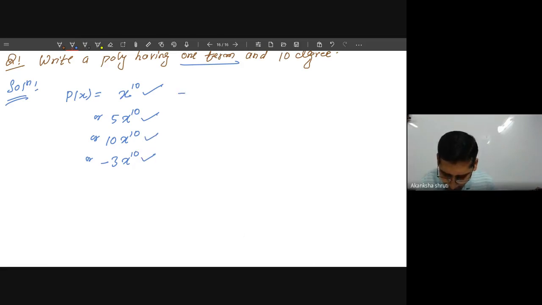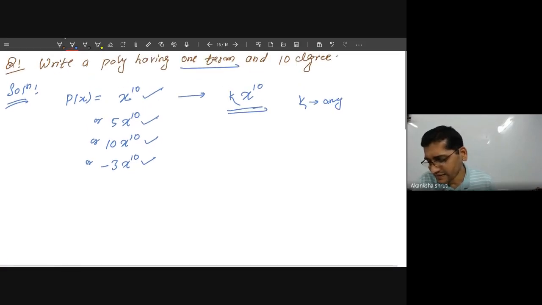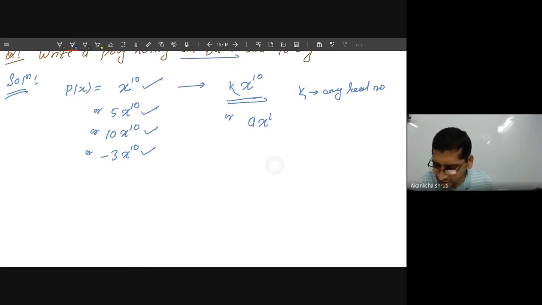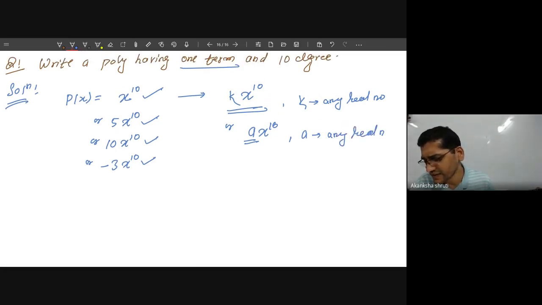In the general form we may write some constant k multiplied with x to the power 10. So k can have any value, any real number, or it may be written as a x to the power 10. Here in place of k, I have taken a, any real number. Okay student, so this way you have to write.